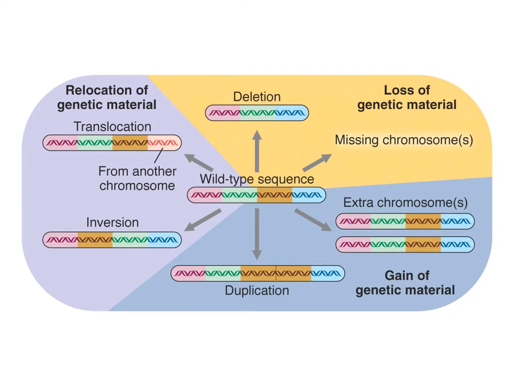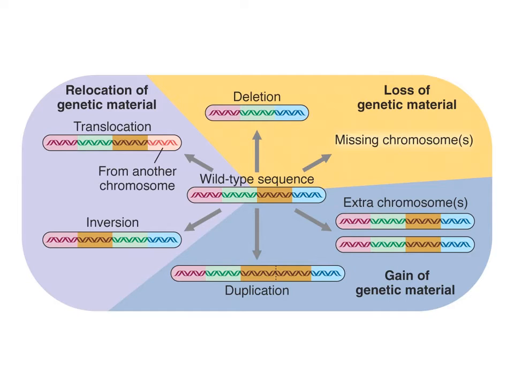Okay, so we're going to move on to talk about chromosome aberrations, starting with non-disjunction today, but realize that there are many different ways in which chromosomes can be rearranged to cause problems, or sometimes not problems. Just representationally, this is looking at the level of a chromosome, not a gene. If you start off with a wild-type sequence, there are all kinds of different things that can happen to that chromosome.